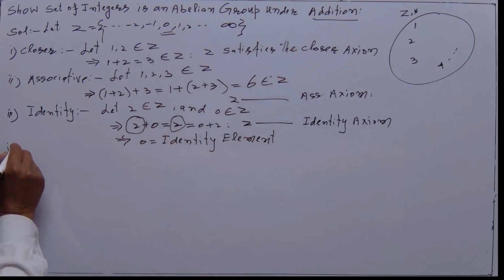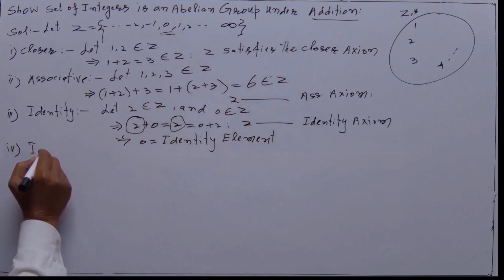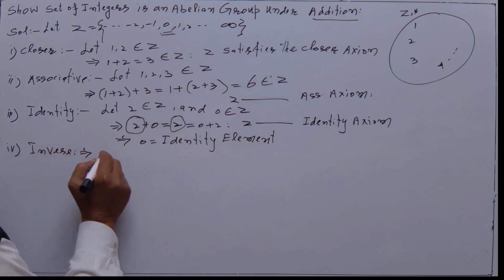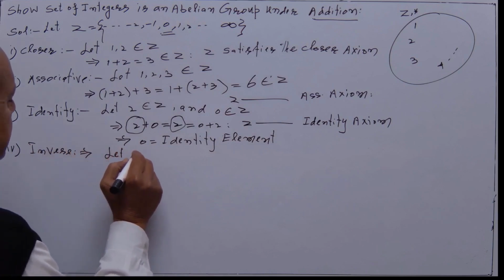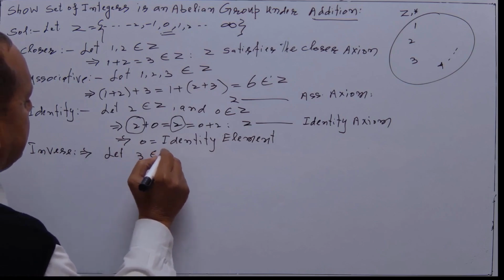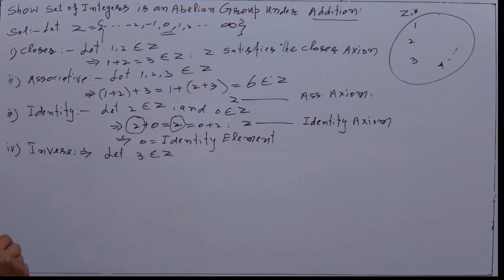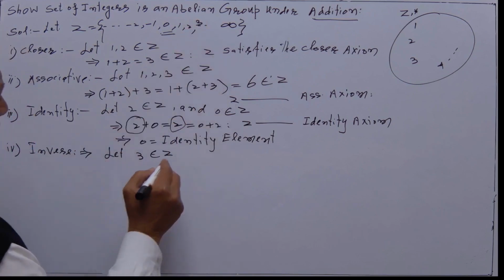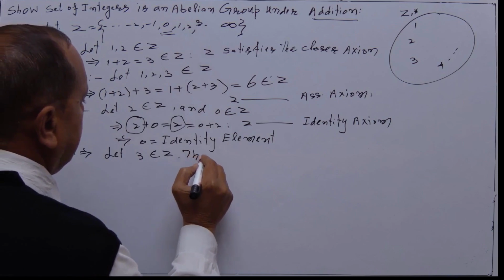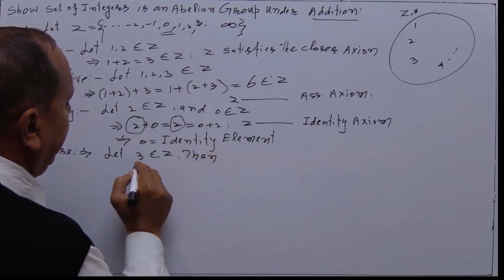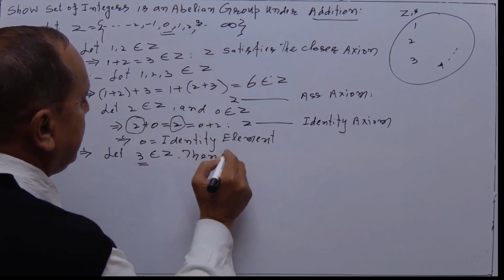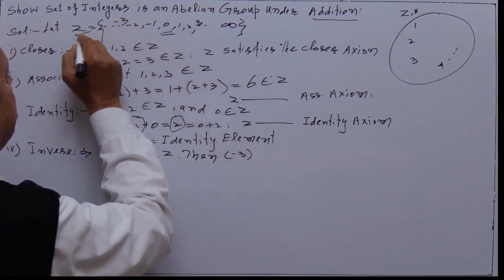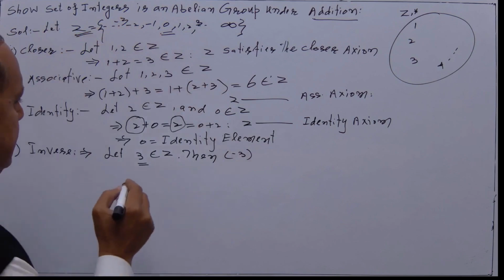Fourth axiom is the inverse axiom. In this, let the number 3 belong to integers. Then the additive inverse of 3 is minus 3, and minus 3 is also contained in the set of integers.